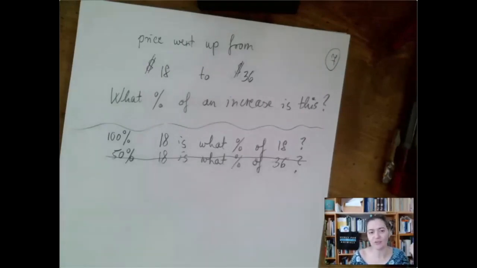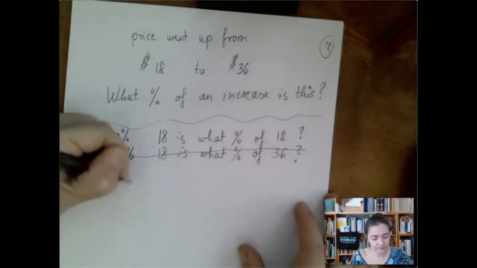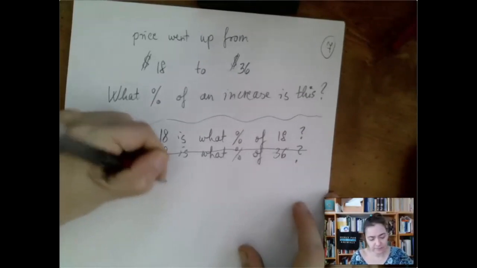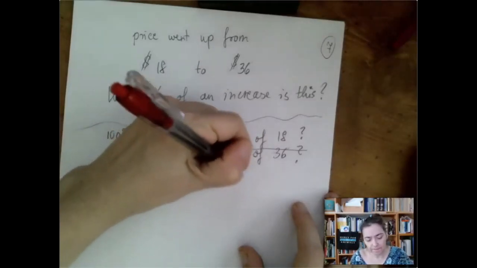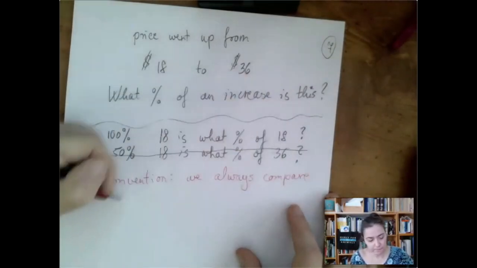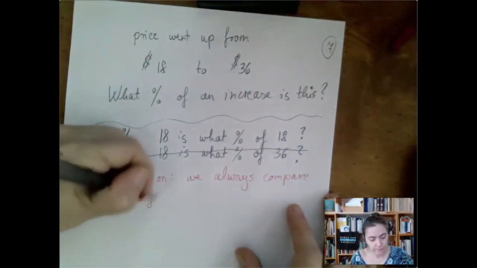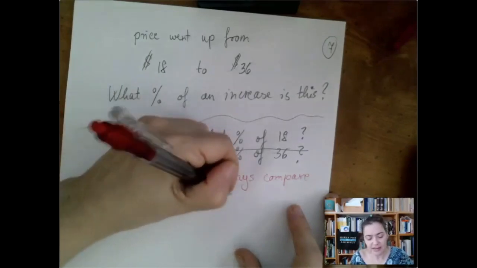And then they made a joke that the change is 50% of the new price. So indeed, the convention is we always compare change to the earlier condition, the starting condition.